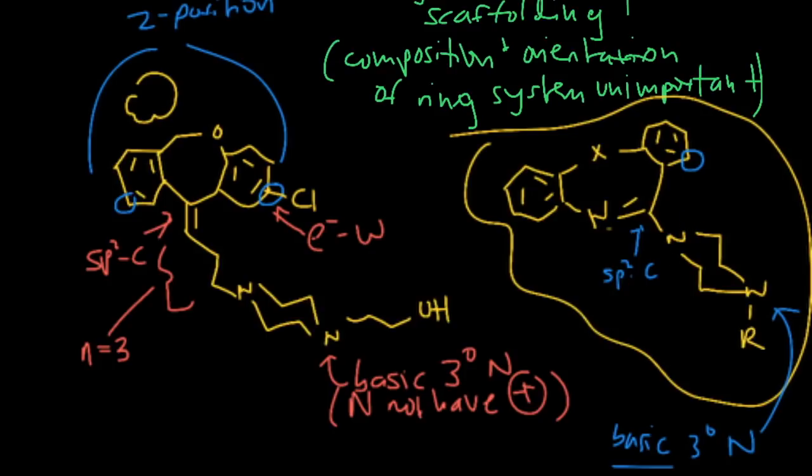In fact, remember that I said a 3-atom chain is necessary. Not necessarily a carbon chain, but a 3-atom chain. So here's atom 1, atom 2, atom 3. So it still follows that 3-atom chain. It's not just all carbons. So be sure to look for your terminal amine, your amine at the end, when assigning which one's the basic amine. Got it? Hopefully, good.